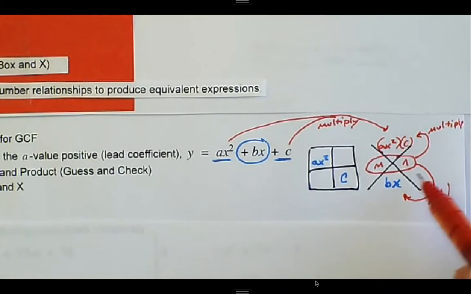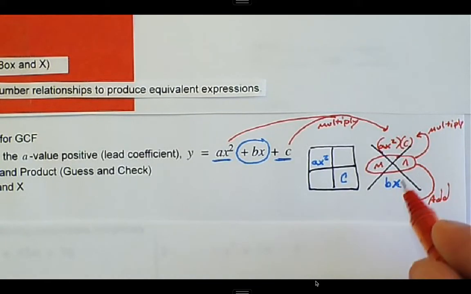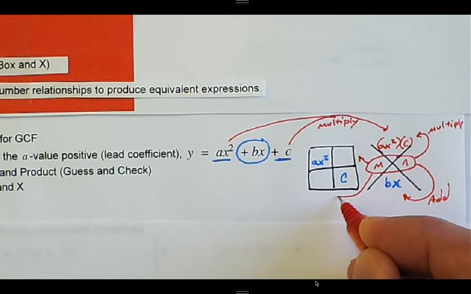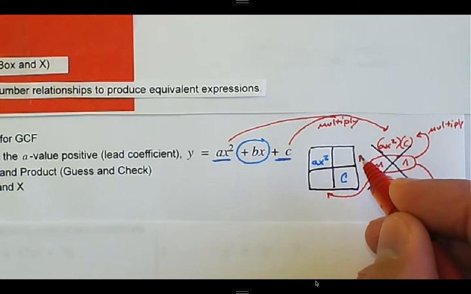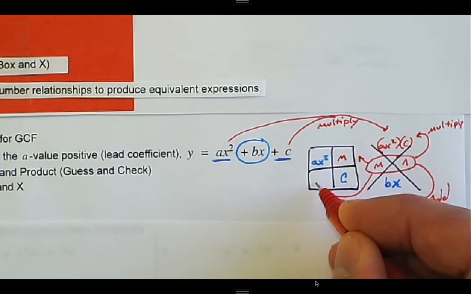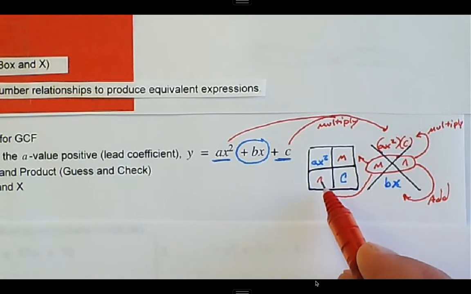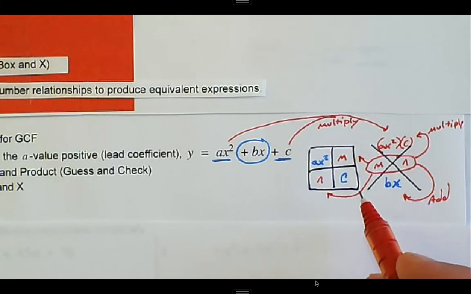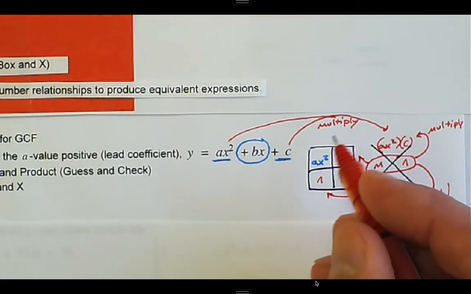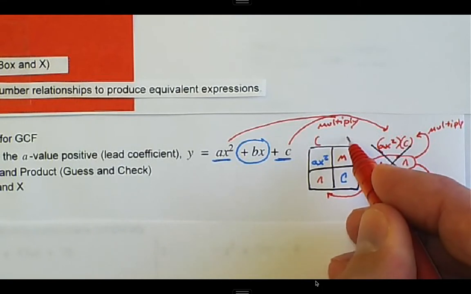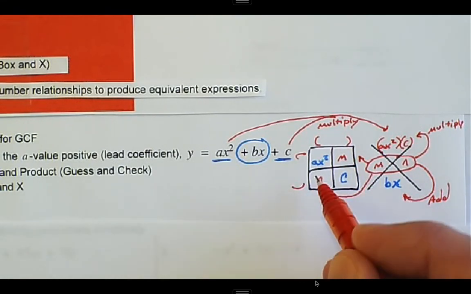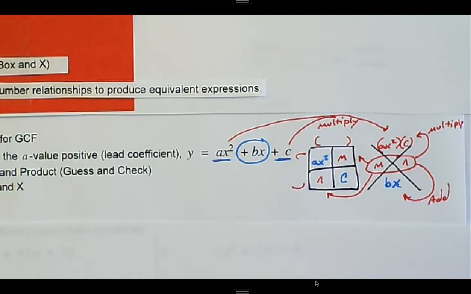And once we figure out what those values are, then it doesn't matter where they go, m and n fill these last 2 spaces. Doesn't matter if m's down here or up there, wherever it goes. And then from there, we can use our algebra tile method, and we can come up with what the binomials need to be that will multiply together. And we'll take a look at that in a few examples.